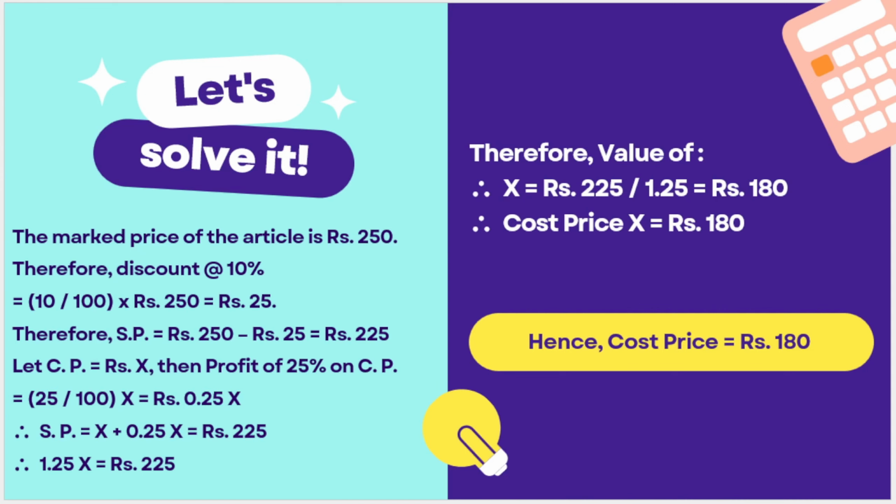Therefore, we can write the equation as 1.25X is equal to rupees 225. Therefore, we can find the value of X to be equal to rupees 225 divided by 1.25, which comes to rupees 180. Hence, cost price X is equal to rupees 180. Let us go to example number 10.